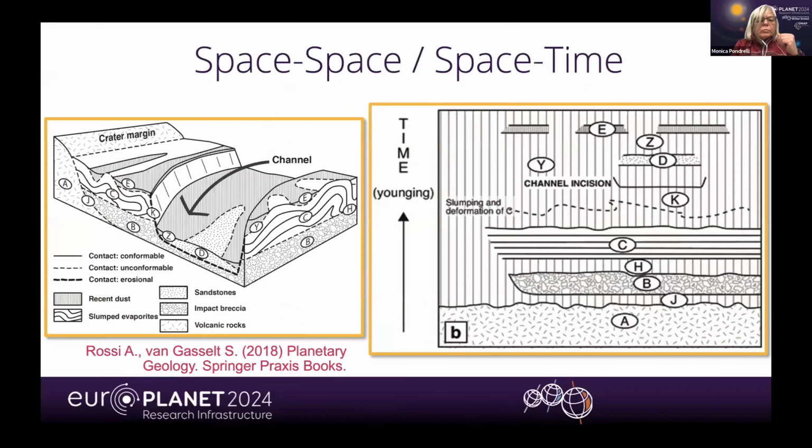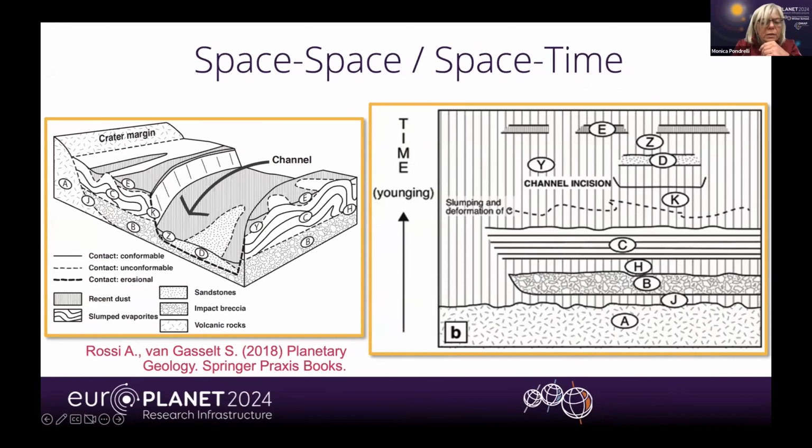So, for example, here we have a geometric reconstruction of a possible study area. We have a crater margin, for example, with some rocks which were accumulated by the impact, then we have the accumulation of some evaporites that were slumped.